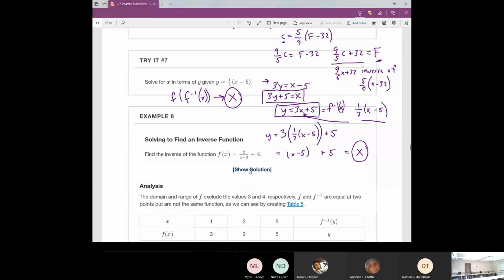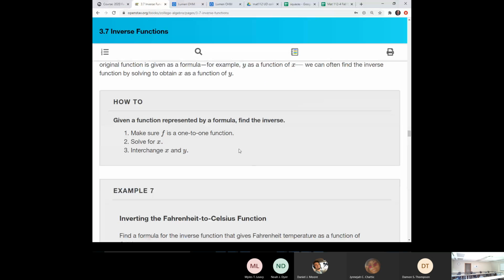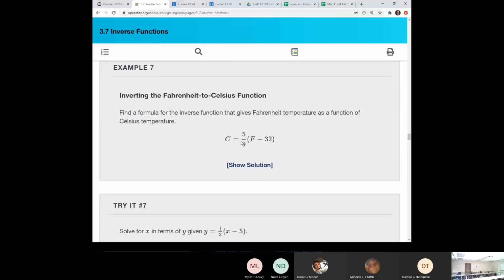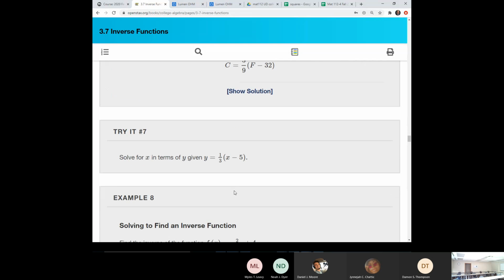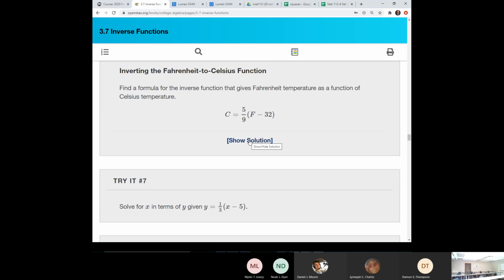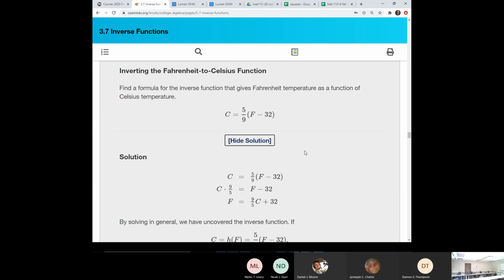Let's go see how the online book showed me this solution. Actually, they don't show you this solution. Let's see how they show this one. See how we get F by itself and then interchange them left and right. Here is the original function. I have Celsius given some Fahrenheit.